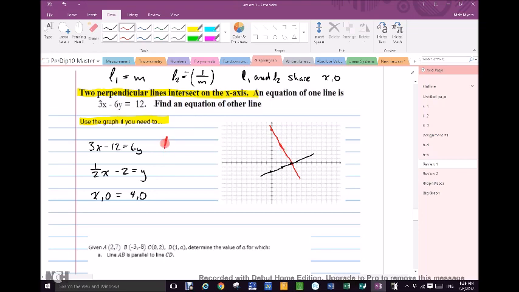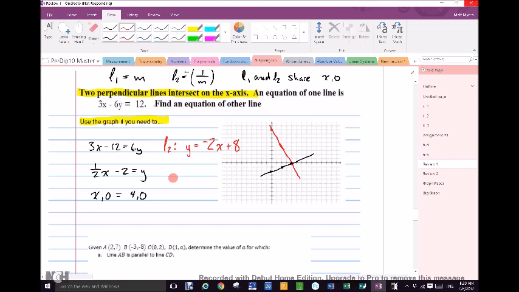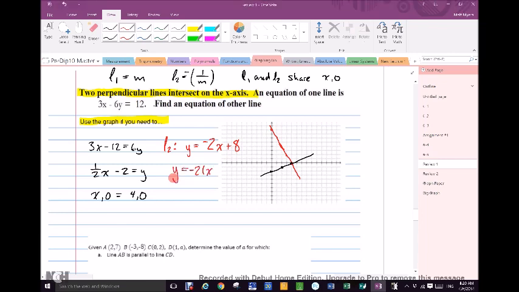I know that line 2 has y equals negative 2 for a slope x, and I know 1, 2, 3, 4, 5, 6, 7, 8 is my y-intercept. I could have done that. I could also have y equals negative 2 x minus 4, because that's point slope form, isn't it?